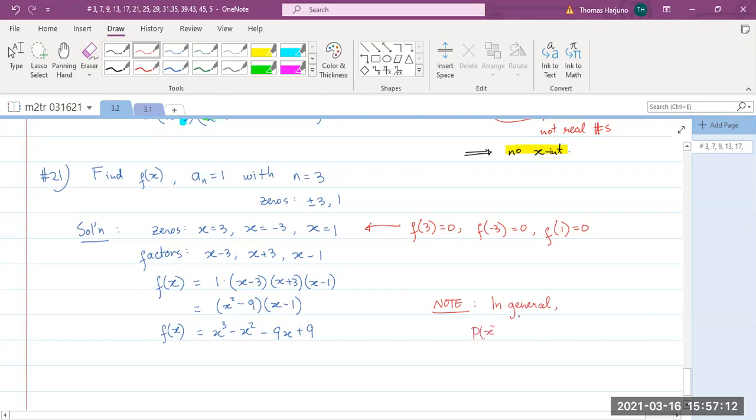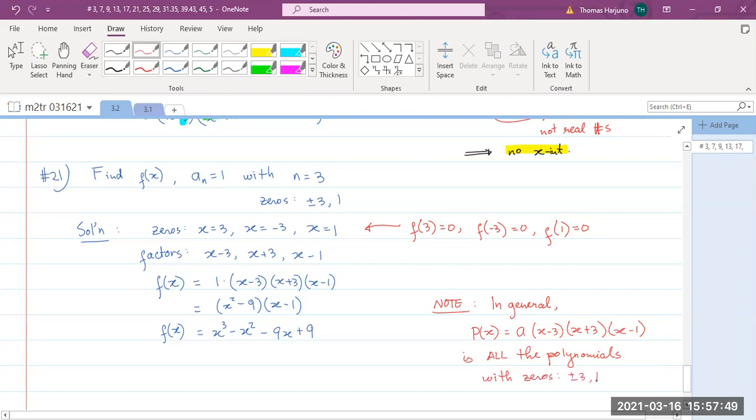In general, P(x) equals a times (x minus 3)(x plus 3)(x minus 1) gives us all the polynomials with zeros plus or minus 3 and 1.